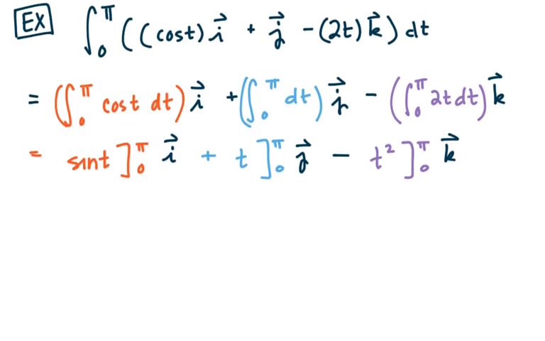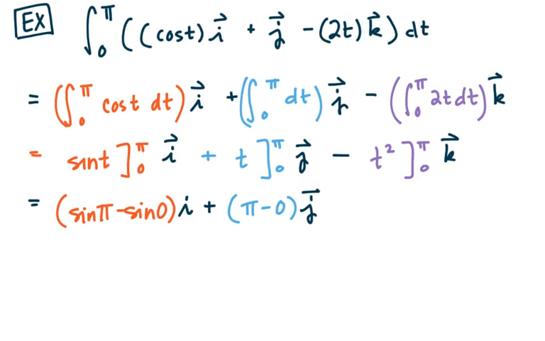So simplifying this, for our first term I have sine of pi minus sine of 0 times i, plus pi minus 0 times j, minus pi squared minus 0 squared times k.